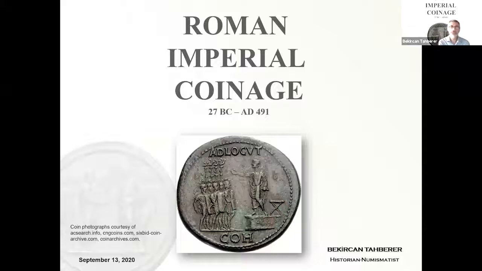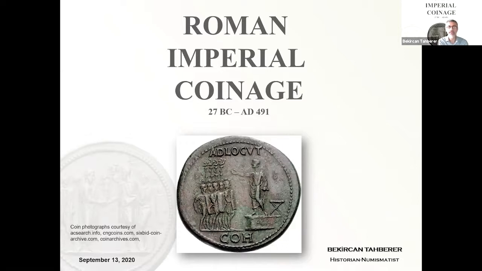All right, the Roman imperial coinage is studied in two different periods, numismatically and historically. The first part is between 27 BC, when Augustus simply changed the face of the Roman Republic and turned it into an empire.